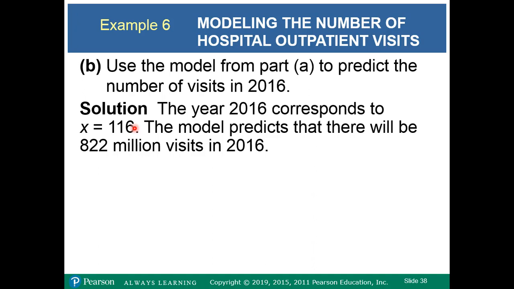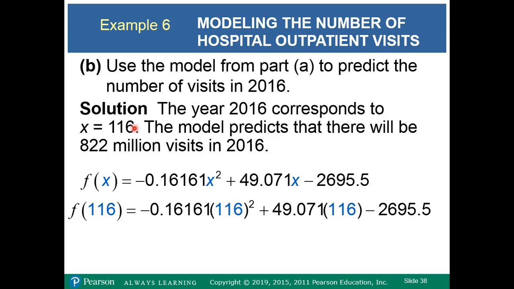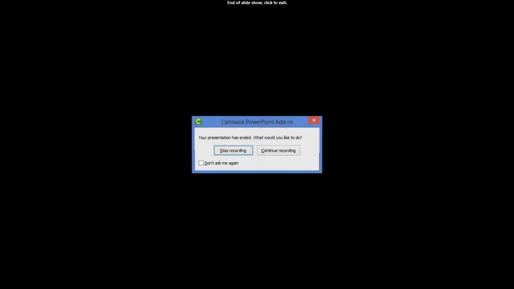You're looking for a value, so just stick in 116 for x and it'll give you approximately 822 million. Or just stick 116 into the function and simplify it. Just plug and chug and you're going to get approximately 822 million outpatient visits that year.